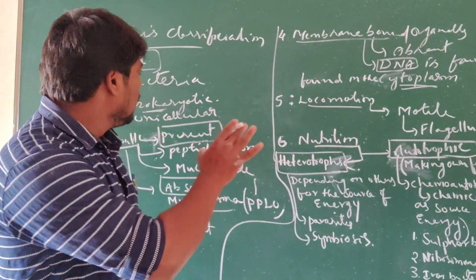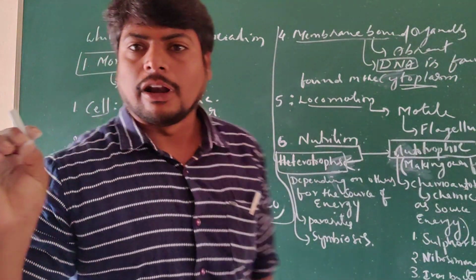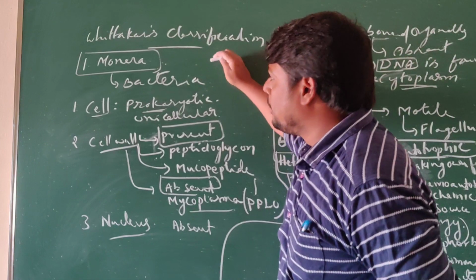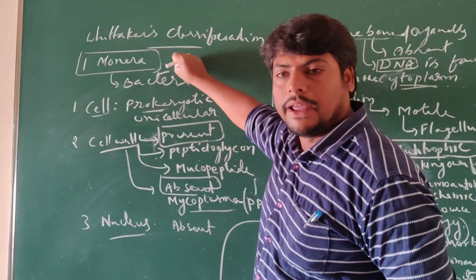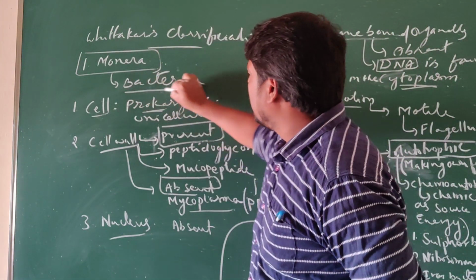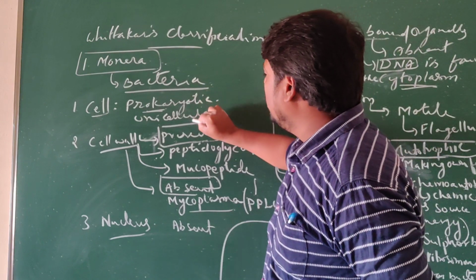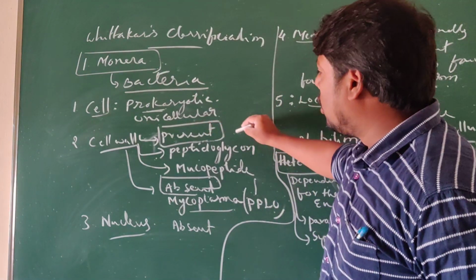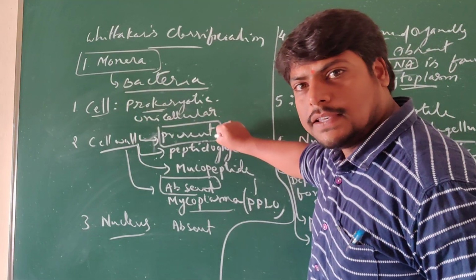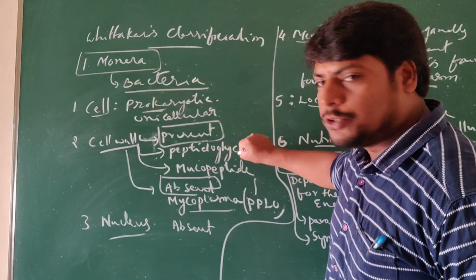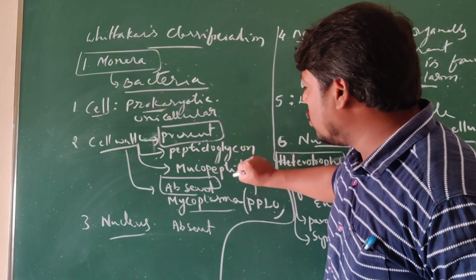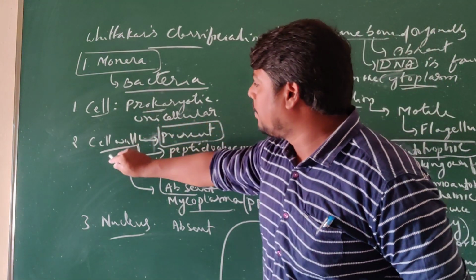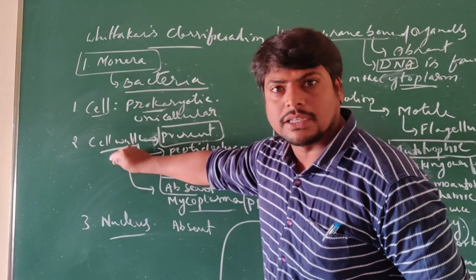So let us recall what we have explained here. Under the group Monera, all are prokaryotic unicellular organisms which have a cell wall, made up of peptidoglycan or mucopeptides. Some bacteria, for example mycoplasma, do not have a cell wall.